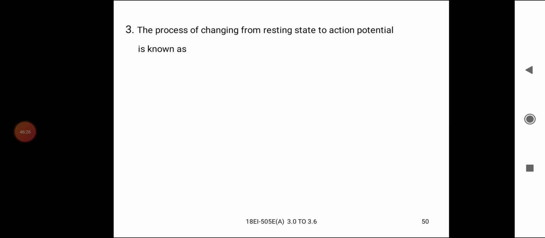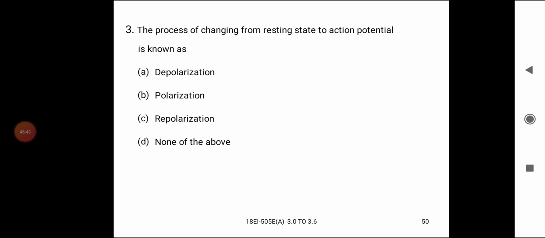Third: the process of changing from resting state to action potential is known as A, depolarization, B, polarization, C, repolarization, D, none of the above. The answer is A, depolarization.